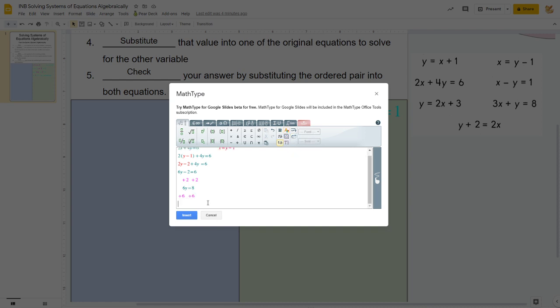Okay. Then just to make it simple, our answer is going to be y equals 8/6. So now what we're going to do is plug it into this.